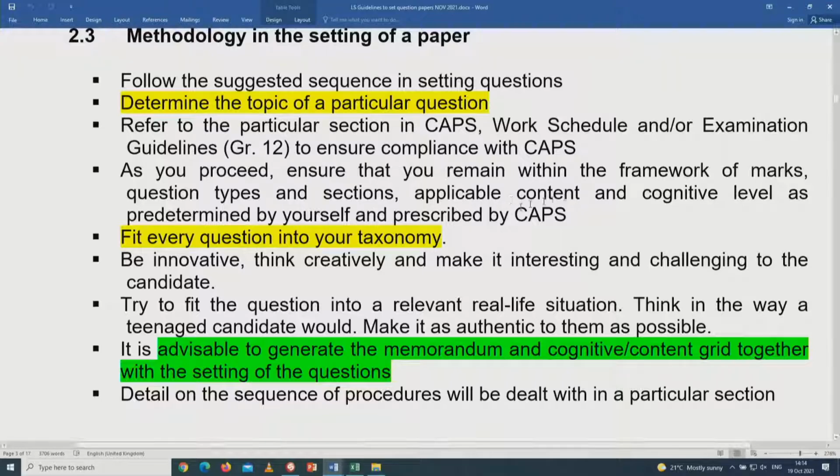Refer to the particular section in CAPS in your work schedule or your examination guidelines. Grade 12, we are not discussing grade 12 this afternoon. The other 2 grades will receive very soon examination guidelines for them. But in the meantime, remember, work schedule, we nowadays actually use the ATP, the Annual Teaching Plan.